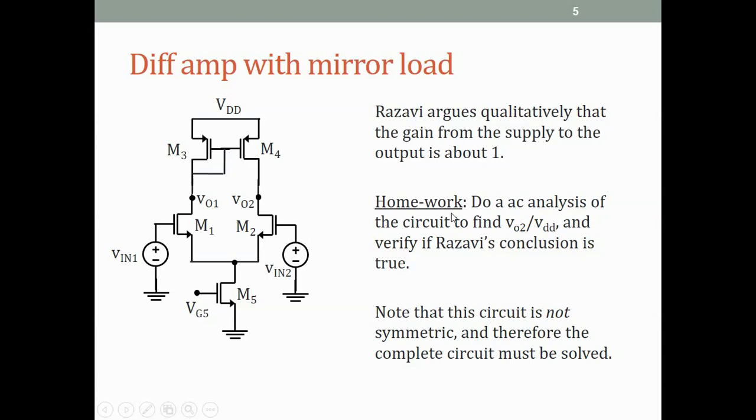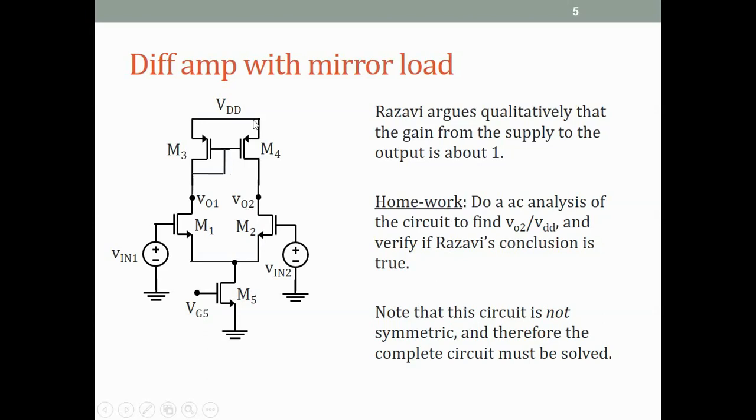It's a good simple AC analysis to check. Hopefully, because Razavi says so, it will turn out to be about 1, in which case this circuit has a much better PSRR than the circuit with a current source load.